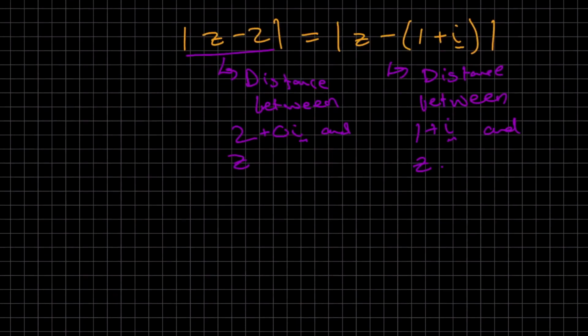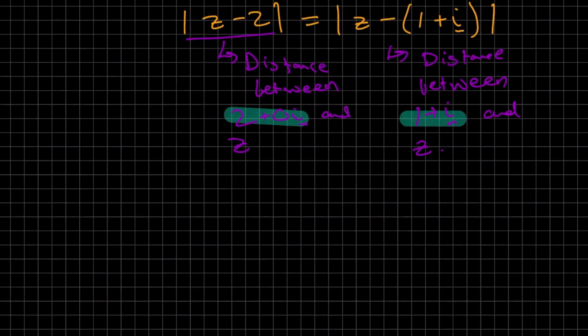If we were to plot these 2 points on the Argand diagram, let's do that now. Okay, so we'll plot 2 plus 0i over here, and 1 plus i over here.